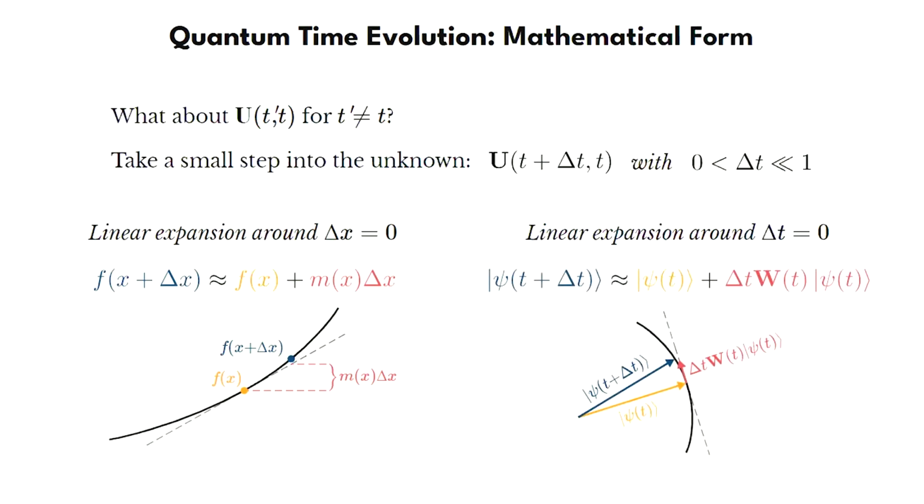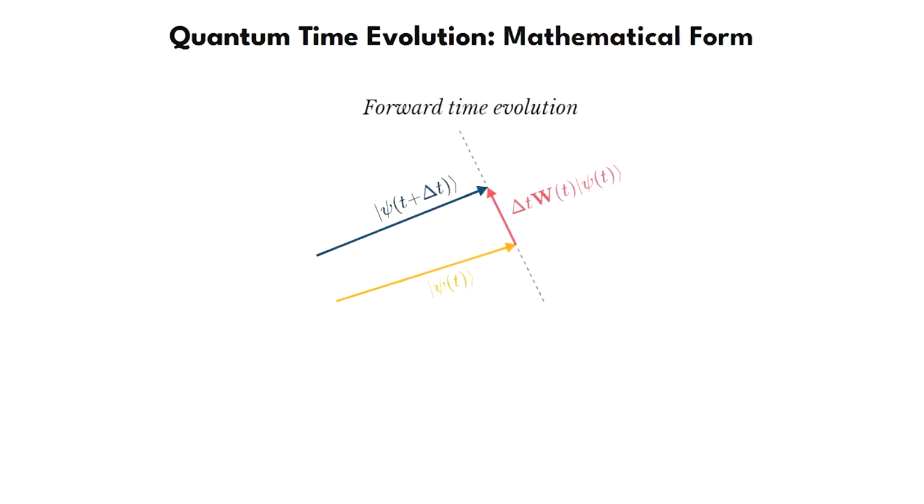You can see these are just a bunch of vectors. Another way of saying this is that the state you evolve to in the near future is nothing but the sum of these two vectors. And this defines a forward time evolution because you're bringing a state from t to t plus delta t.